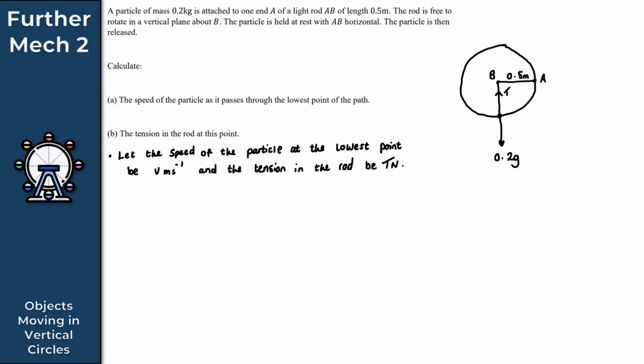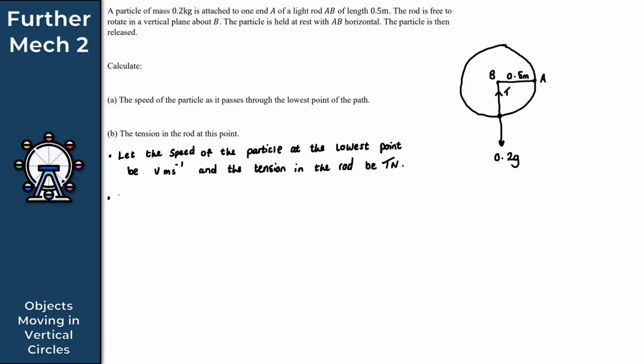A little bit more explanation is required, because what I now need to state is that the lowest point of the circle is the zero level for potential energy, right? Because we do need to take into account potential and kinetic energy. So let's make another point here. It is important that we do state these facts.